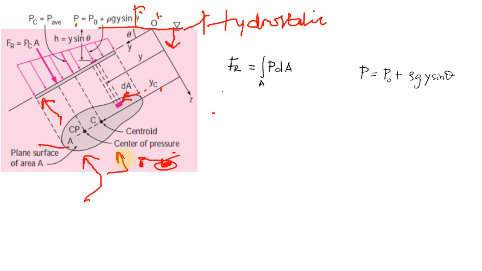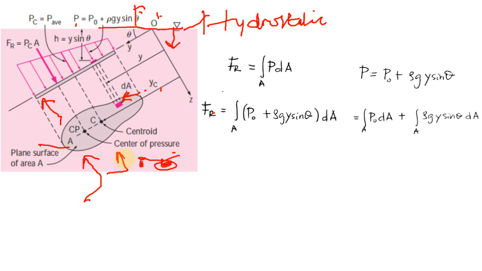We've also said that pressure will be equal to P naught plus rho g h, and h in this case is y sine theta. So as we continue, the resultant force is equal to the integration over the whole area of P naught plus rho g y sine theta, multiplied by dA.